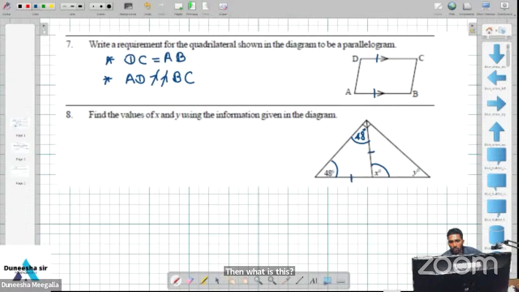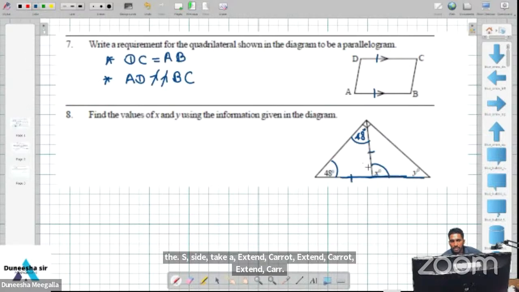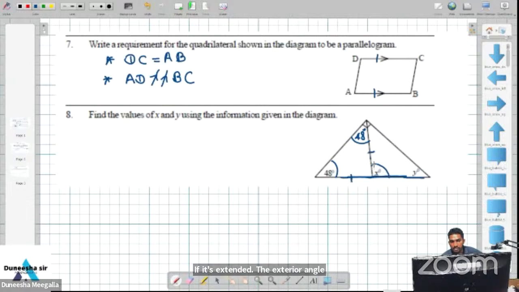Then do you know what the exterior angle of a triangle is? This side has been extended. If it is extended, x is an exterior angle. Then the exterior angle equals the sum of the internal opposite angles.